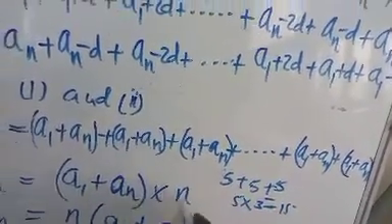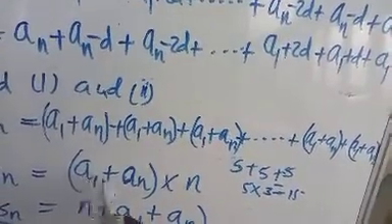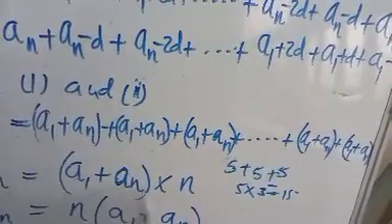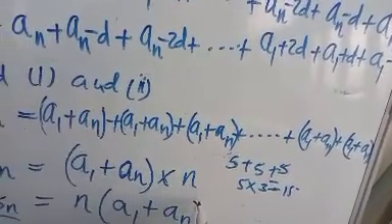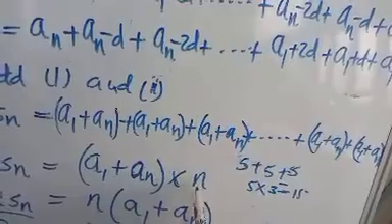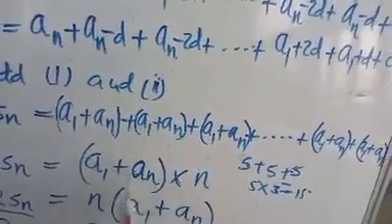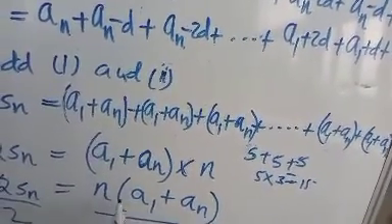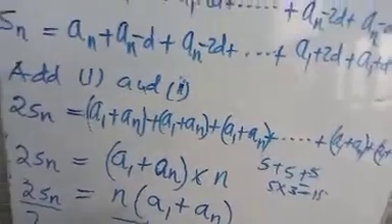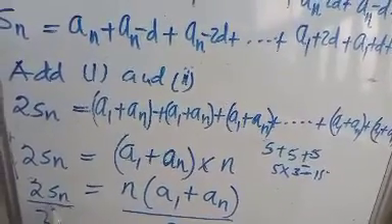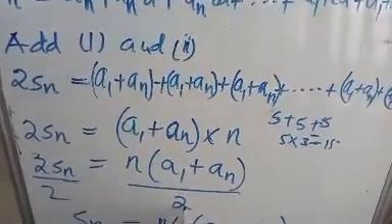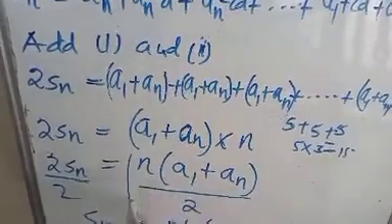So I will get 15. Even here, we take a1 plus an, then multiply by the number of those terms. This is the same as writing 2Sn equals n times a1 plus an. After that, we divide both sides by 2 to get this formula.